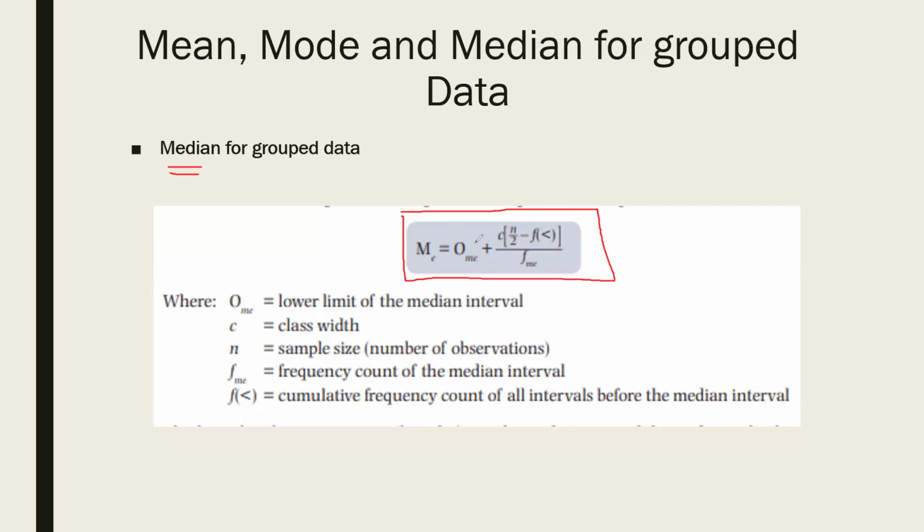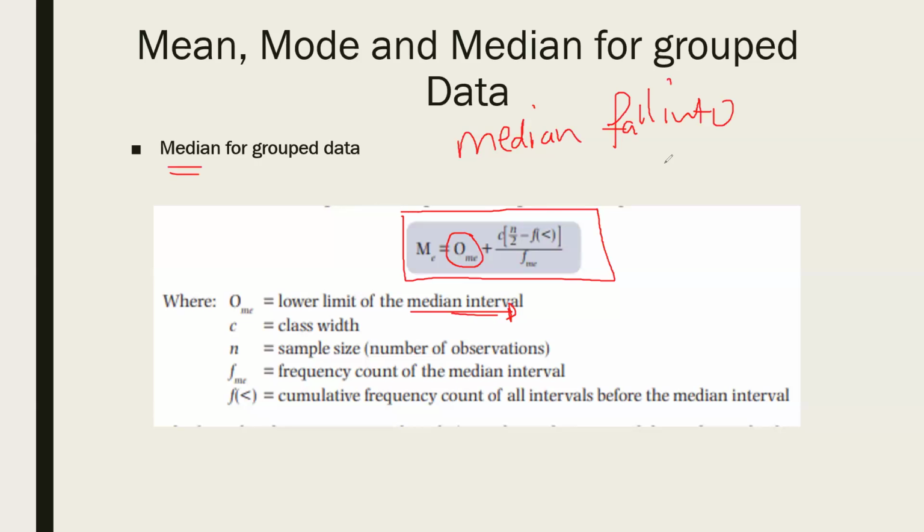So what does that mean? This Lme here is the lower limit of what we call the median class. So what is the median class? It is the class in which the median value falls into.